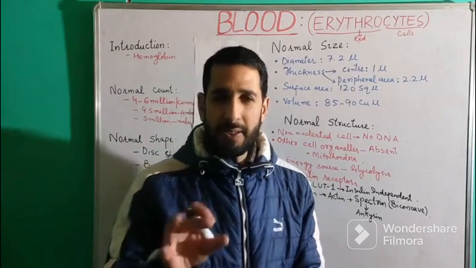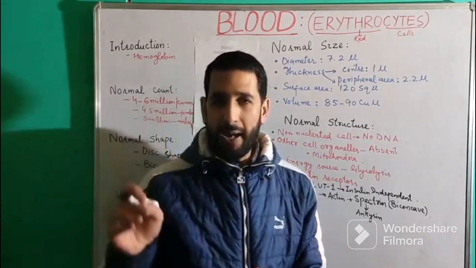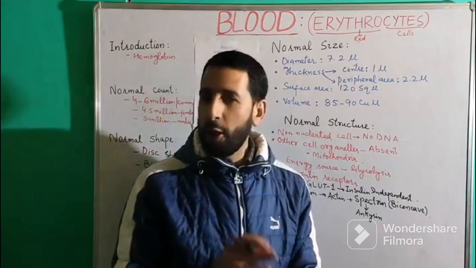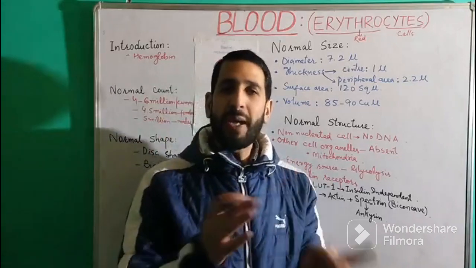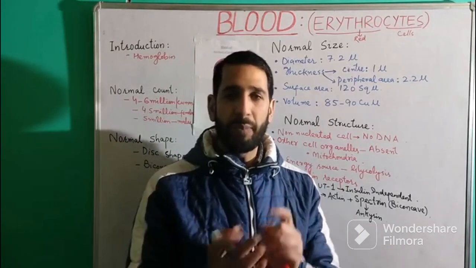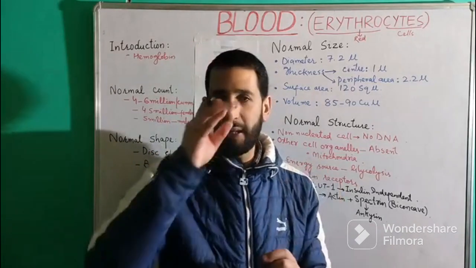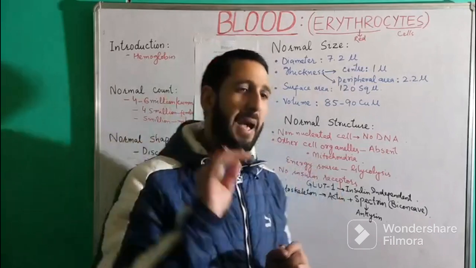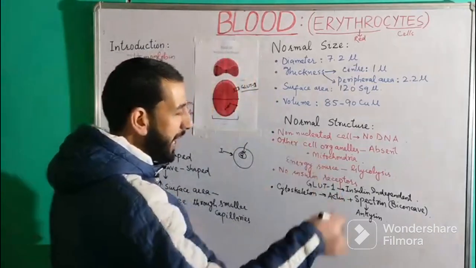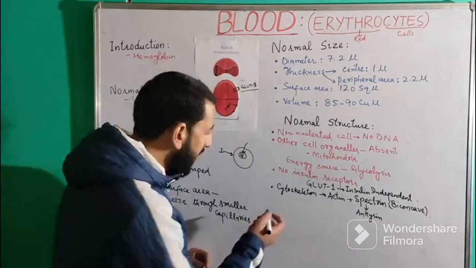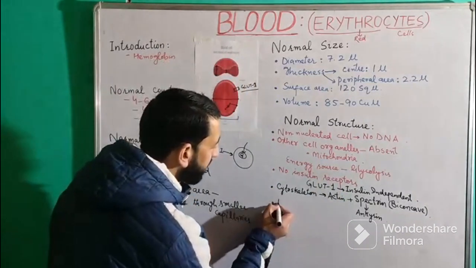That means RBCs will not be able to attain a biconcave shape. So a hereditary disorder will occur if there is no biconcave shape in RBCs, and that hereditary disorder, which is because of the absence of spectrin protein, is called hereditary spherocytosis.